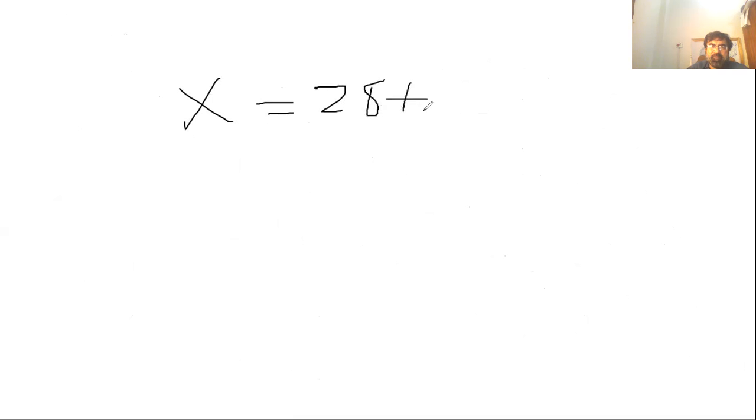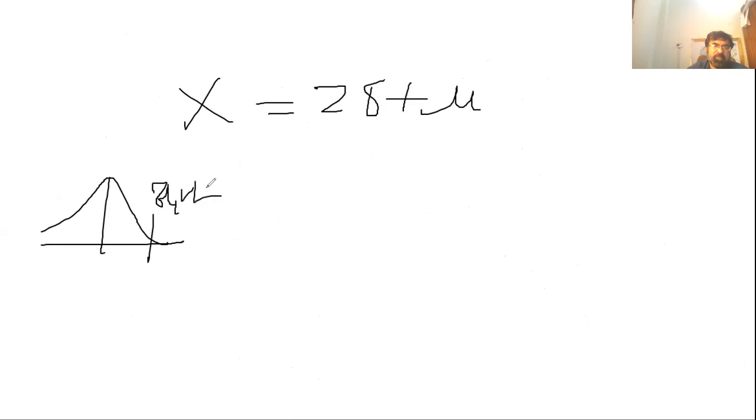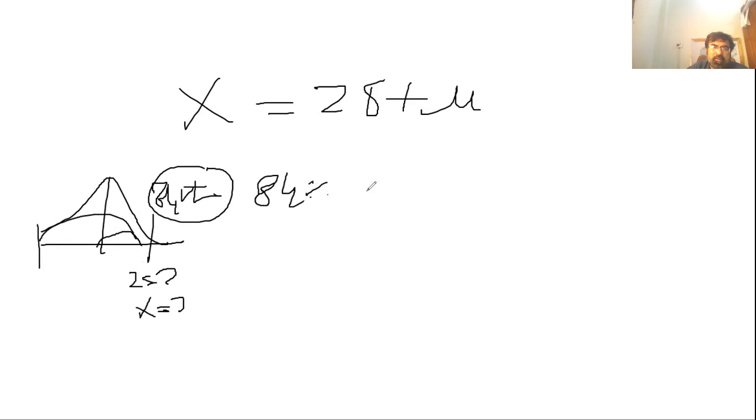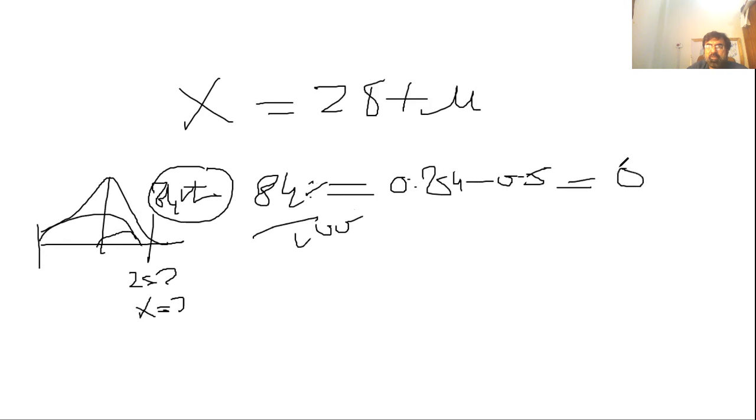Now for the 84th percentile, the 84th percentile is over here. If you imagine and draw an imaginary line, the position becomes over here for the 84th percentile. We need this area so that we can calculate the z-score from the table and then x. So the area from here to here is 84% divided by 100, which is 0.84, minus 0.5, that becomes 0.34.